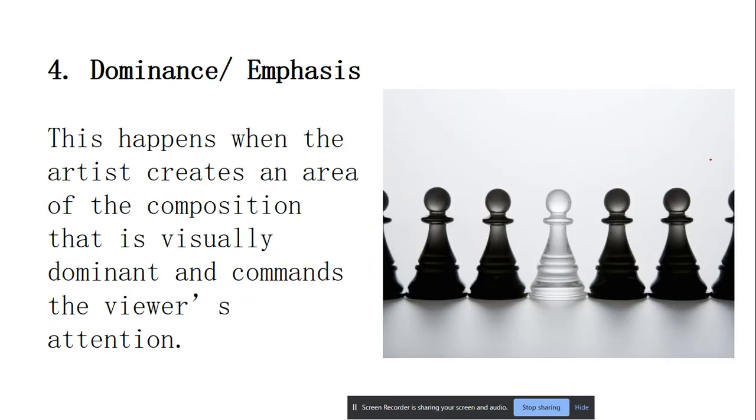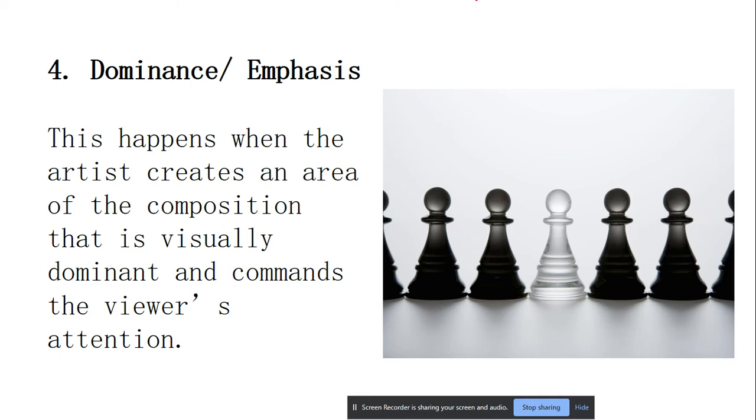Okay. We also have this one, dominance emphasis. This happens when the artist creates an area of the composition that is visually dominant and commands the viewer's attention.